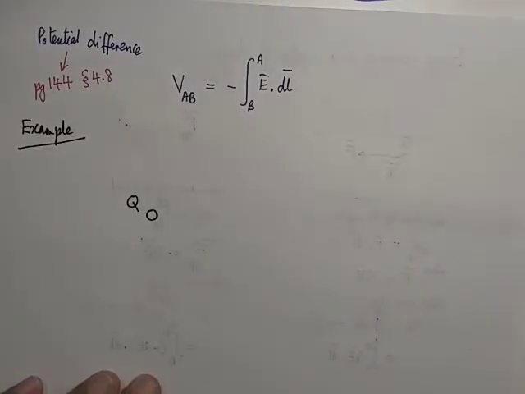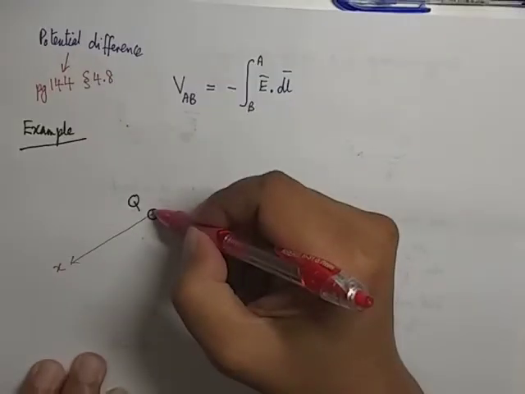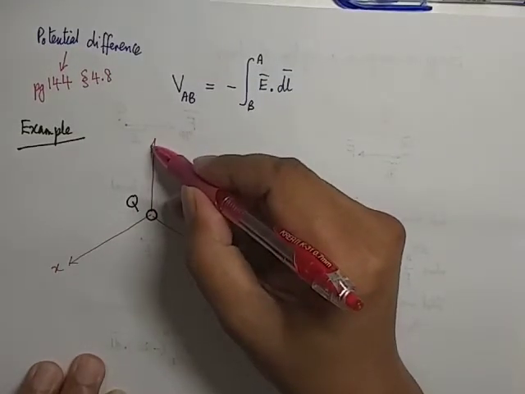In order to make the mathematics easy, we're going to assume the point charge is located at the origin. So I'm going to draw my axes now. This is my x-axis, this is my y-axis, and this should be my z-axis.